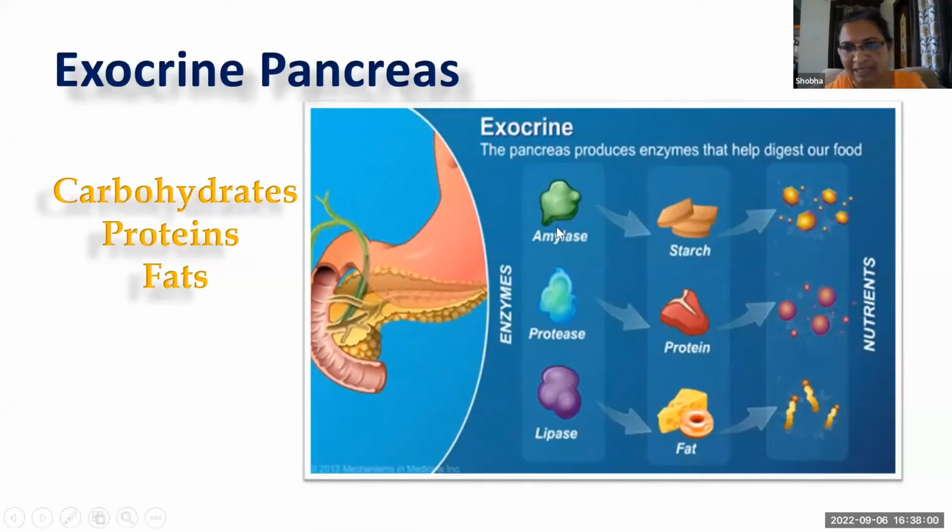Like the amylase, which is very important in the breakdown of starch to glucose. Then you have the protease enzymes, which are proteolytic enzymes, which break down your proteins and form amino acids. Similar to that, you have lipase, which works on the fat and releases fatty acids. What is important for us from the diabetes part is the glucose part of it.